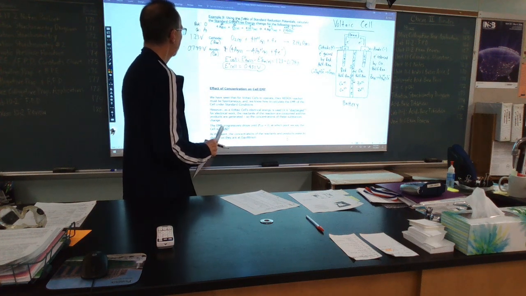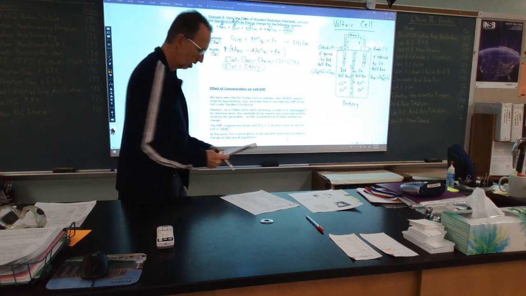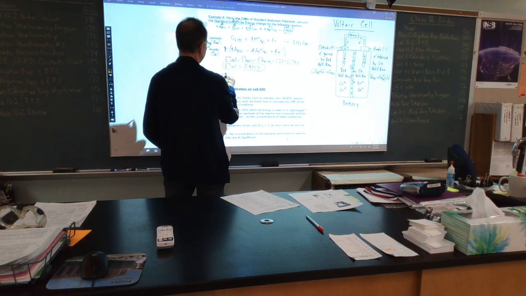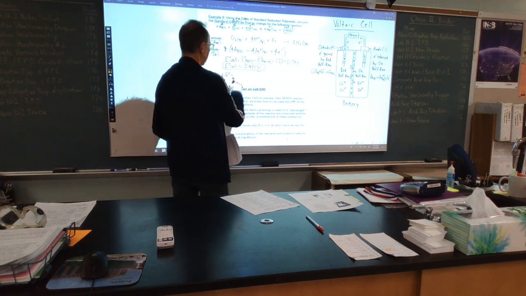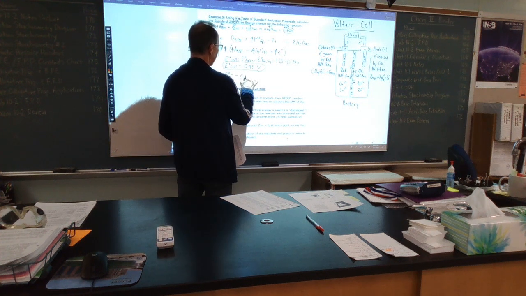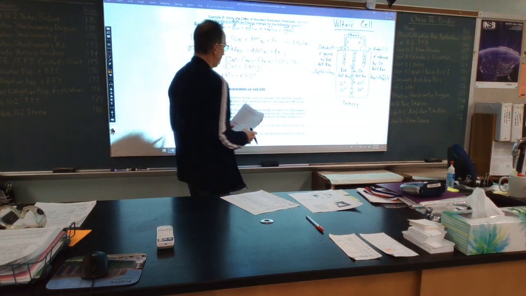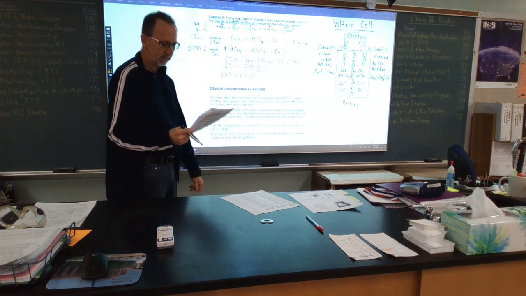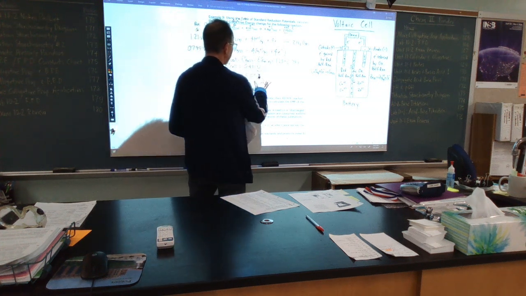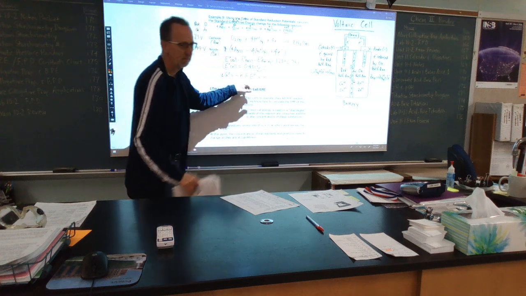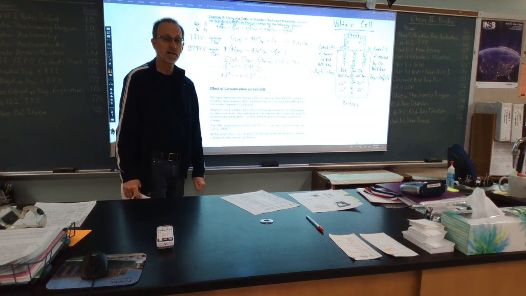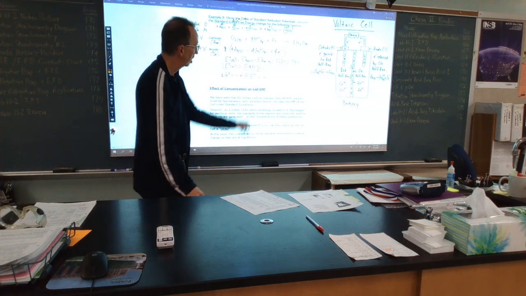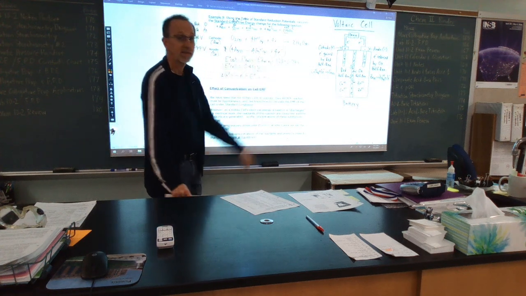All right, so now we want to calculate Gibbs free energy. The relationship between Gibbs free energy and E cell is this: delta G is equal to negative nFE, whereby E is E cell. Remember, again, n is not moles now. n is the number of electrons transferred in this reaction, which, as you can see now, is 4.